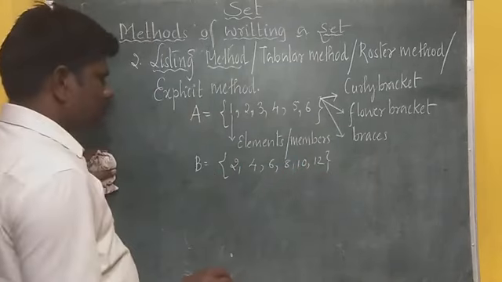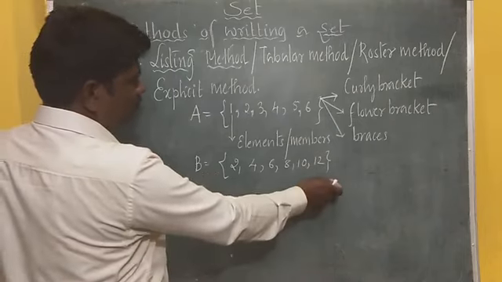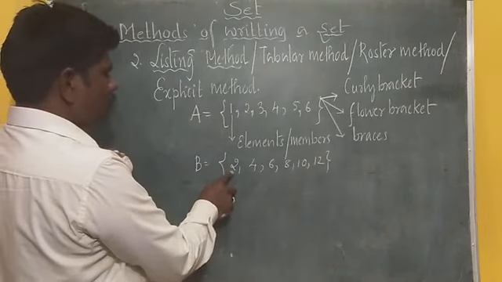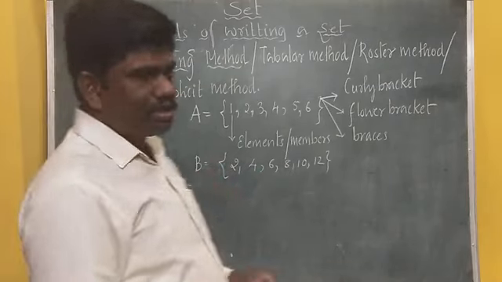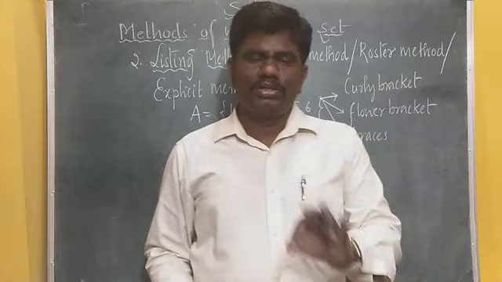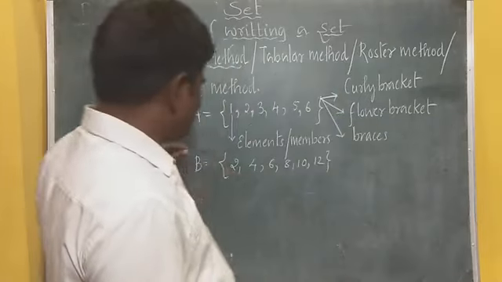I have opened a flower bracket, closed it, and written the numbers separated by commas. So everybody clearly knows what the elements are. There is no confusion. Everybody can easily read this.